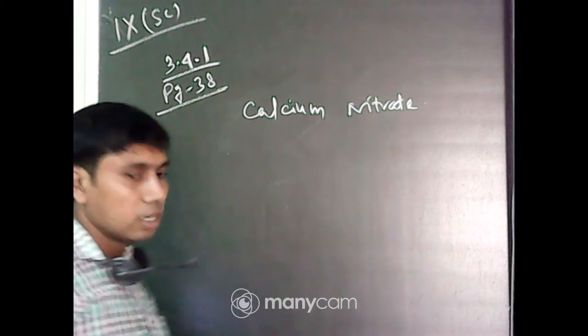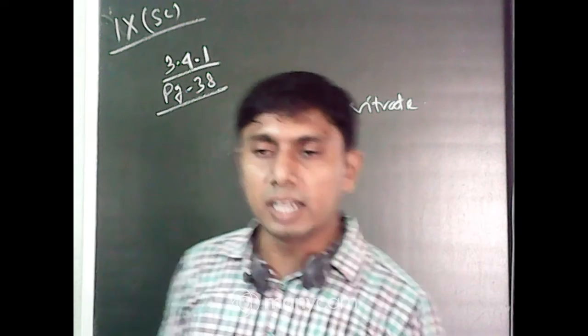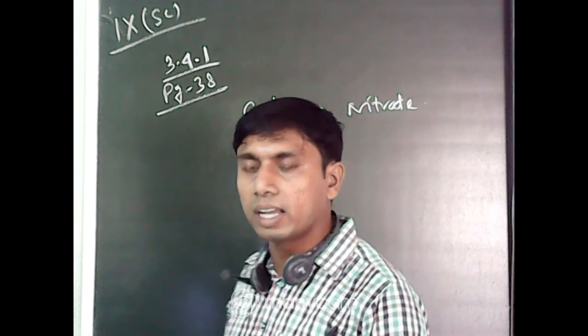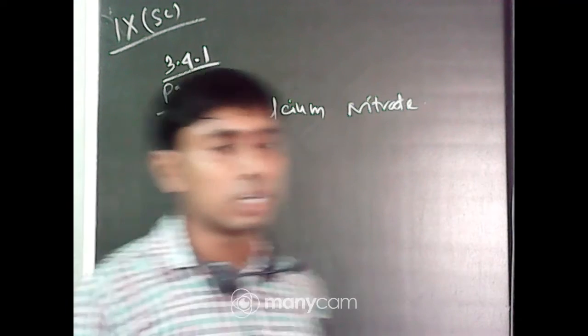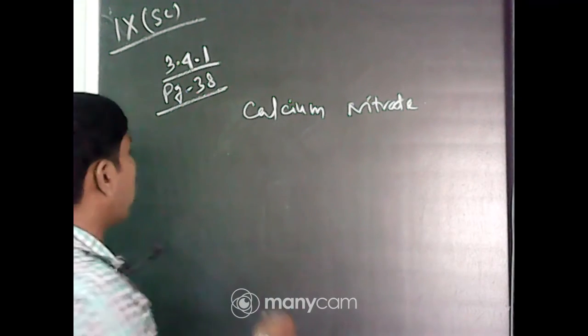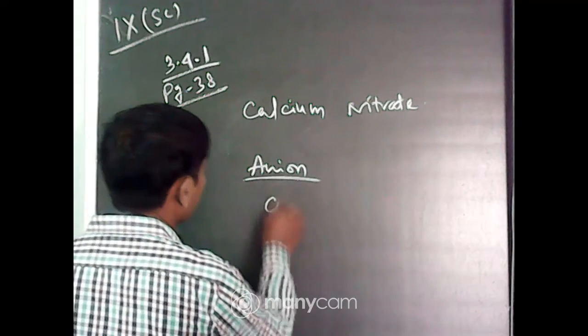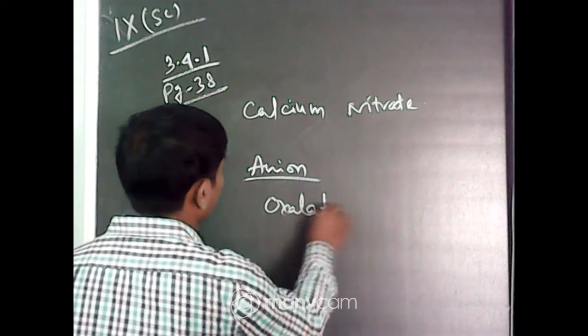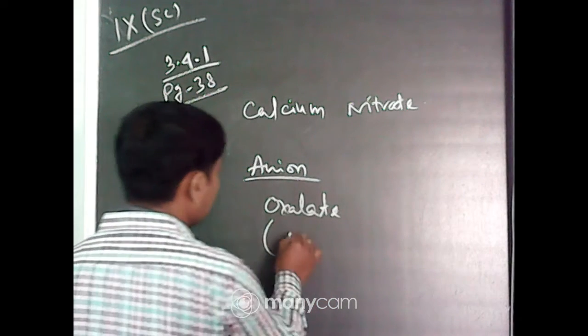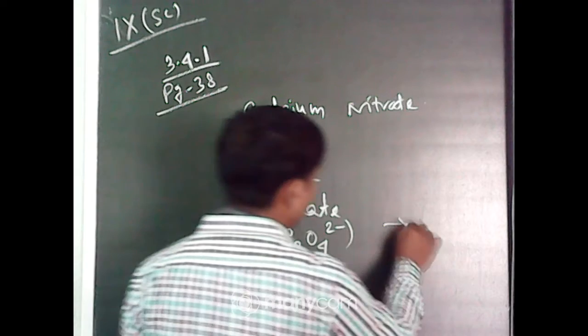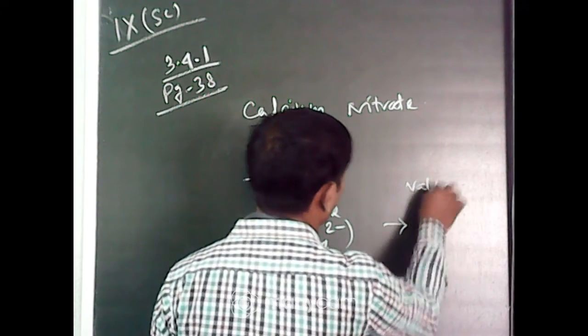Okay students, on the previous day I gave you one chart regarding the charges of the cations and anions. In that chart, just add one anion, oxalate, C2O4 2 minus, and the valency is 2.